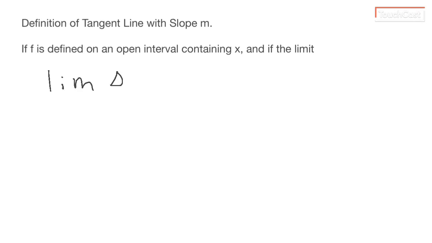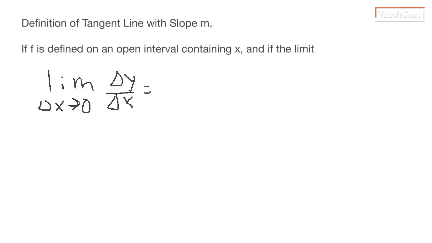of delta y over delta x as delta x goes to 0, but we're going to replace all these delta y, delta x with that difference quotient we were using.